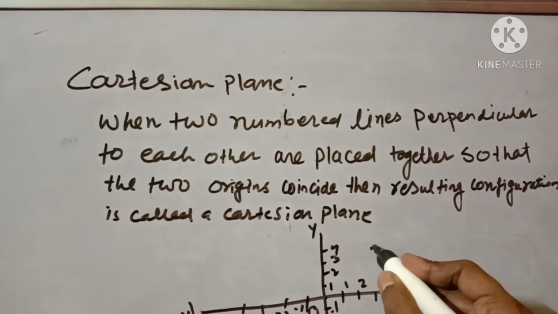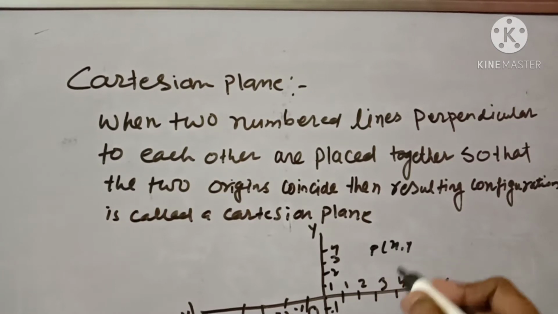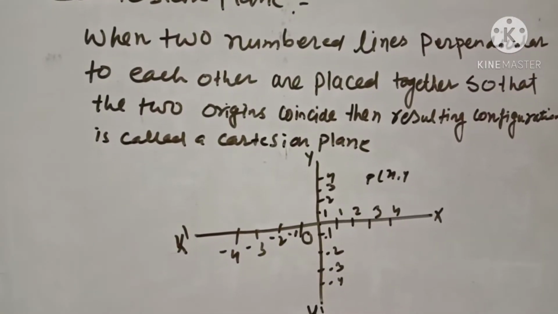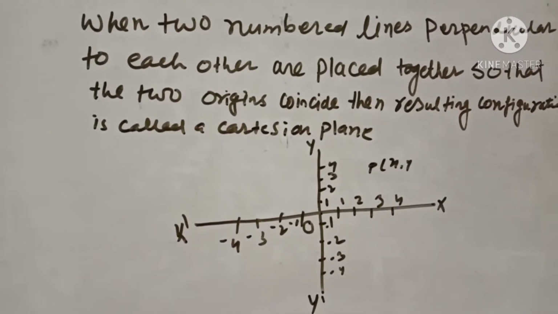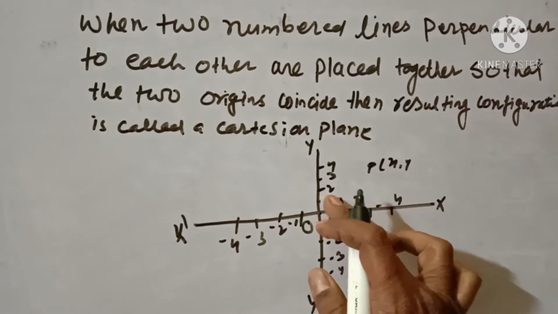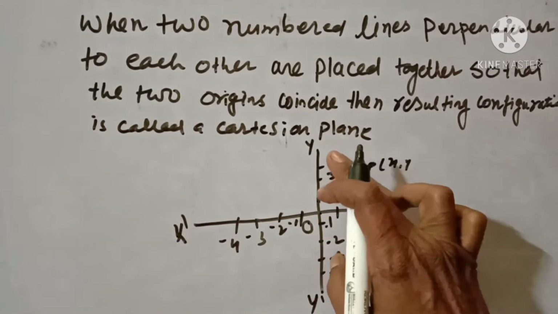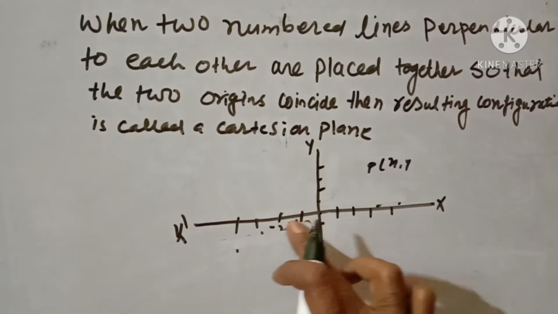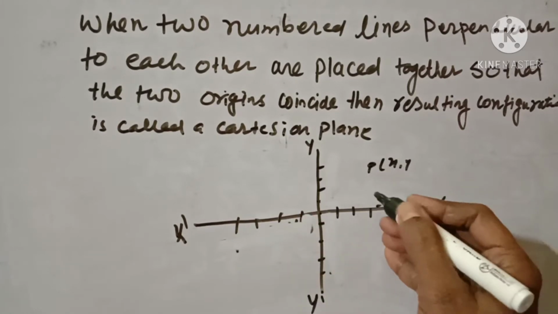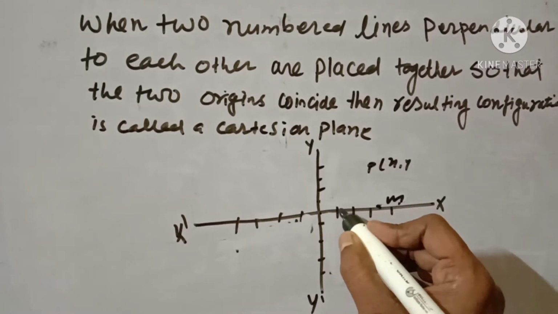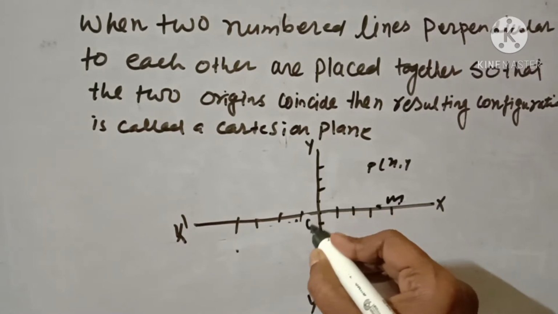Suppose this point here is M. For now, omit the numbers so we can easily understand this is P, this is M. The x-axis, this is your origin.